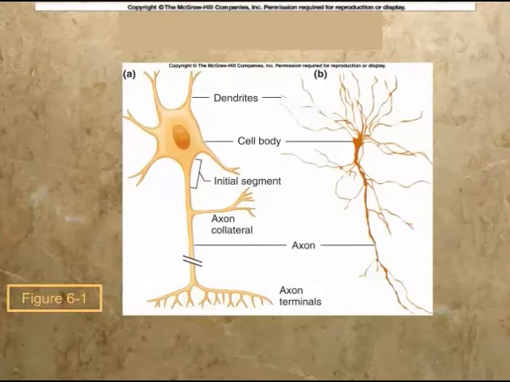These axon terminals release chemicals called neurotransmitters into these synaptic spaces. A synaptic cleft is simply a tiny space between the axon terminal and the dendrites.